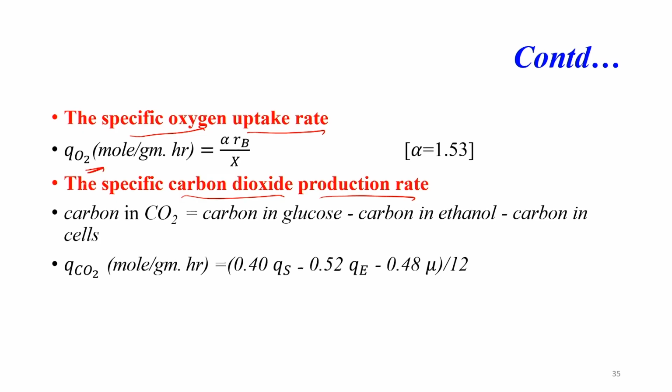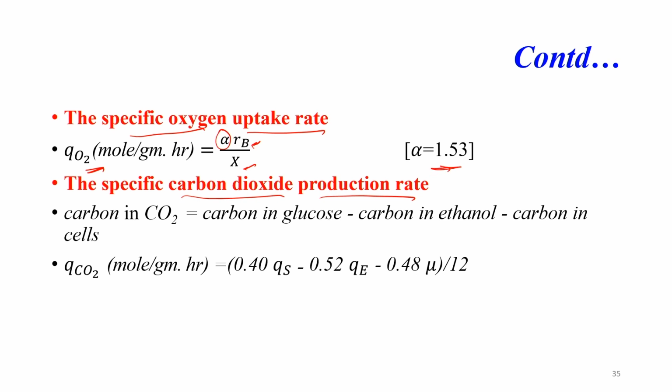So, for the specific oxygen uptake rate, oxygen uptake was part of equation 2 where the rate is RB, let us say the fraction is alpha upon x. And what is alpha here?